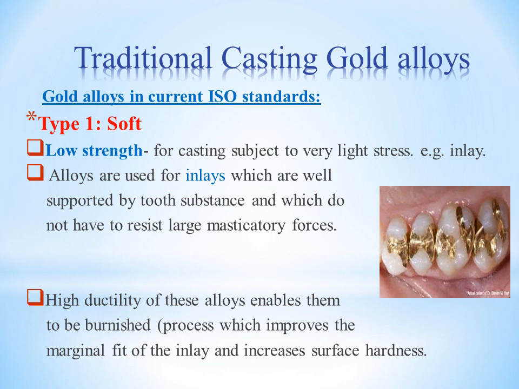Low strength for casting subjected to very light stress, for example, inlays and small fillings. But those which are well supported by tooth substance and do not have to resist large masticatory forces. And because they have high ductility because of the greater gold content, they can easily be burnished. Burnishing is basically a kind of finishing or polishing process which improves the marginal fit of the inlay and increases the surface hardness.